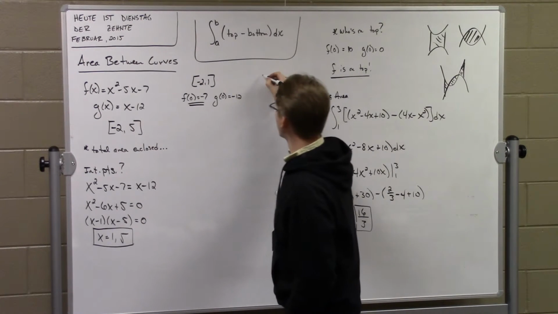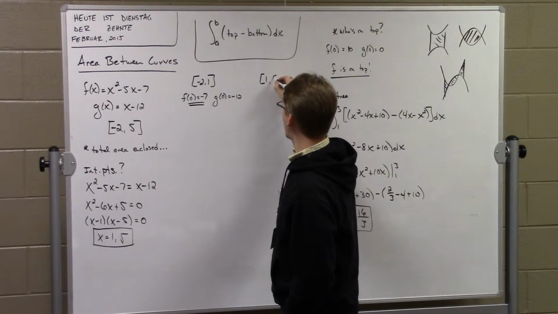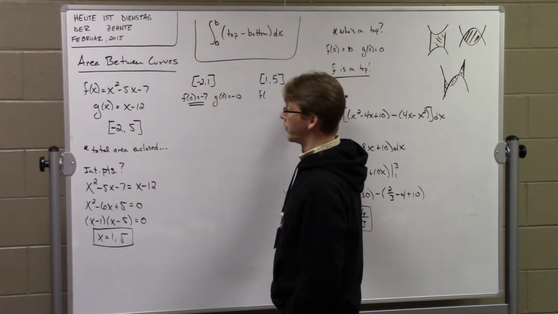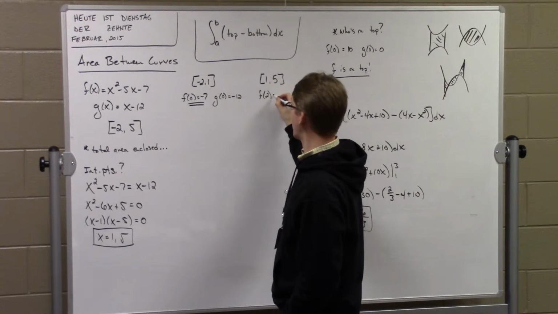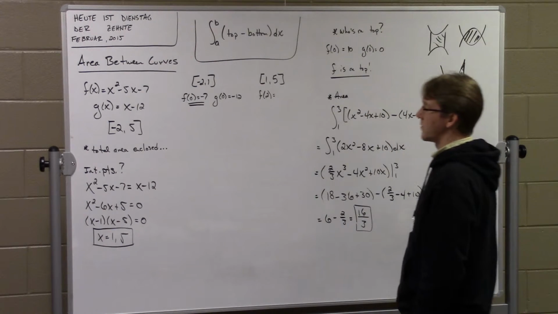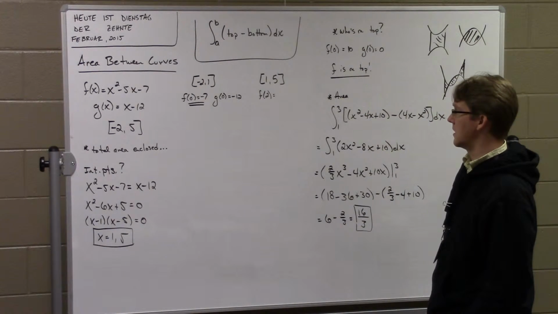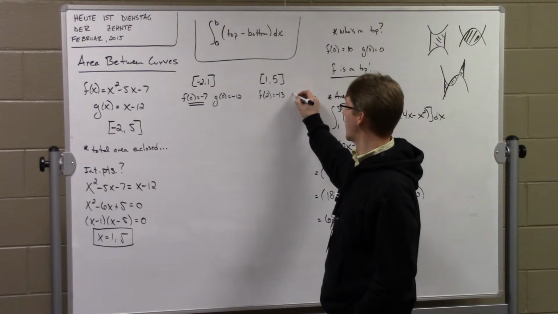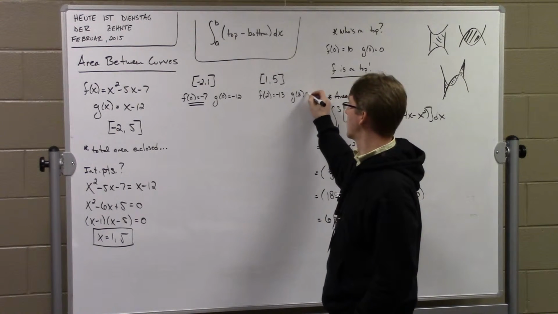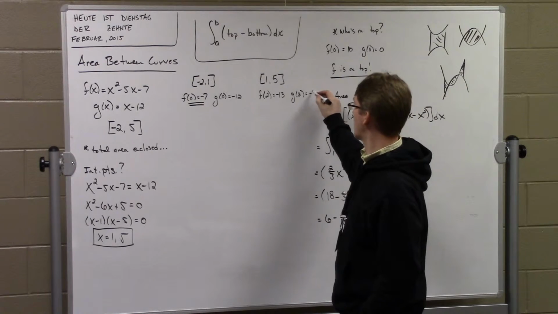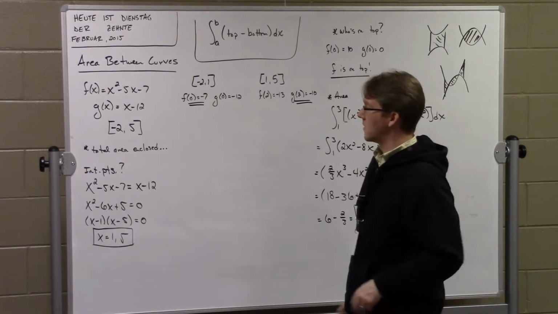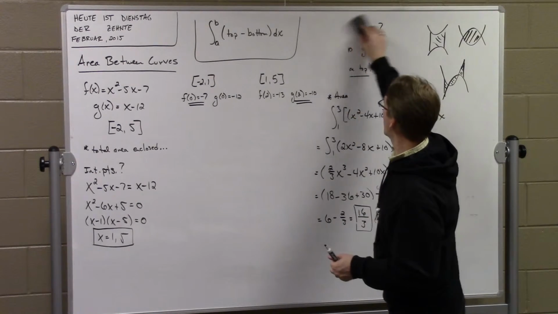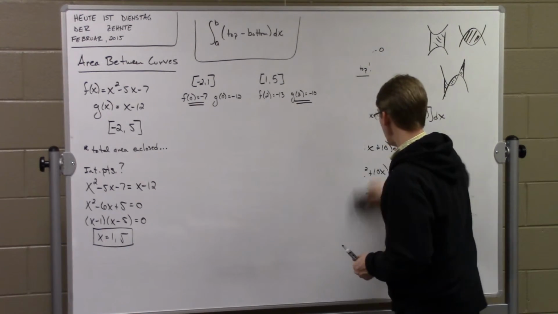Let's do the zone from 1 to 5. f of 2, we'll pick that number. f of 2 is minus 13, and g of 2 is minus 10. That one's on top. So we will have to set up two separate integrals for this one, one for the f on top, one for the g on top.